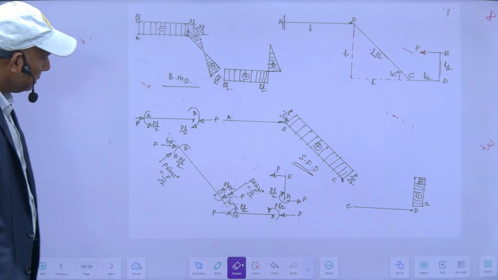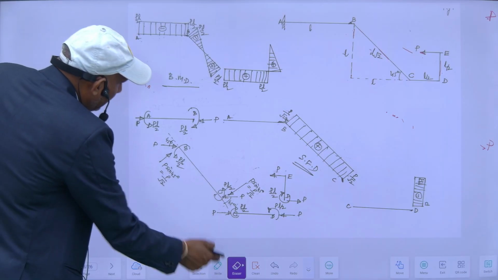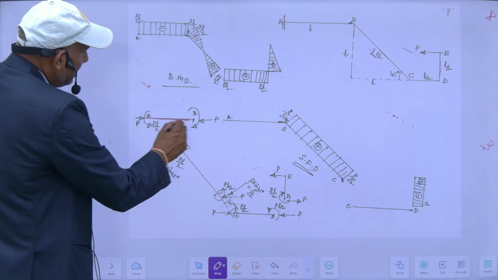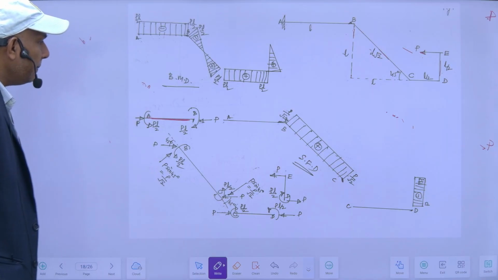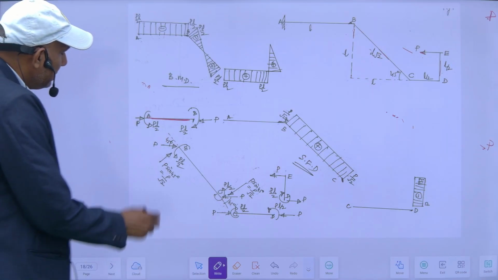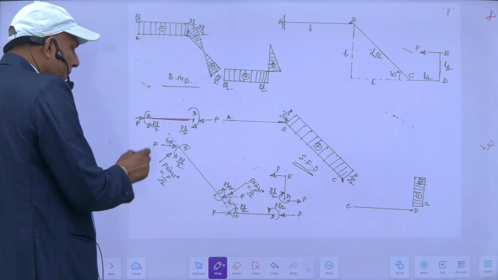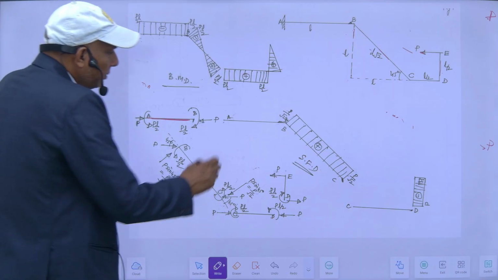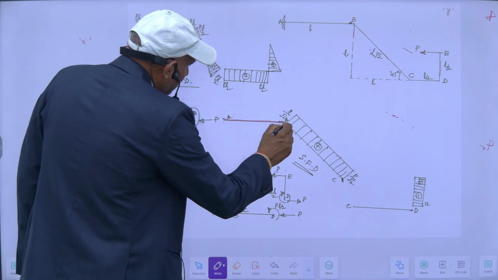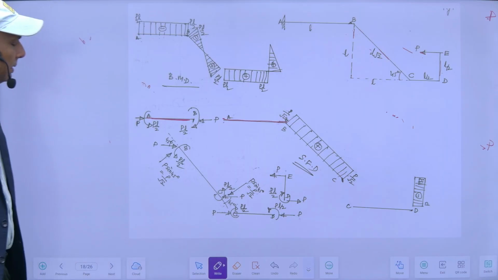For this portion, if I start drawing its shear force diagram, since only axial force is there and no vertical shear force, it will be just a straight line here.